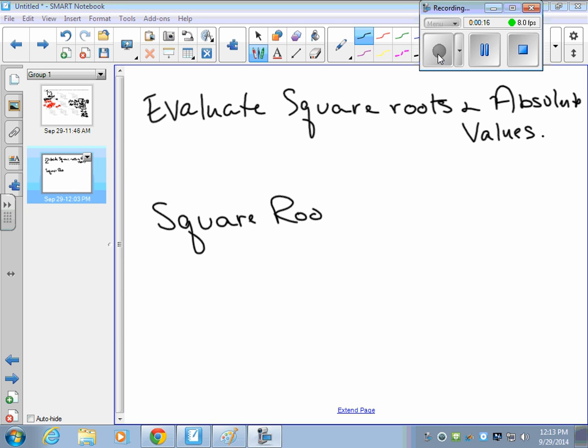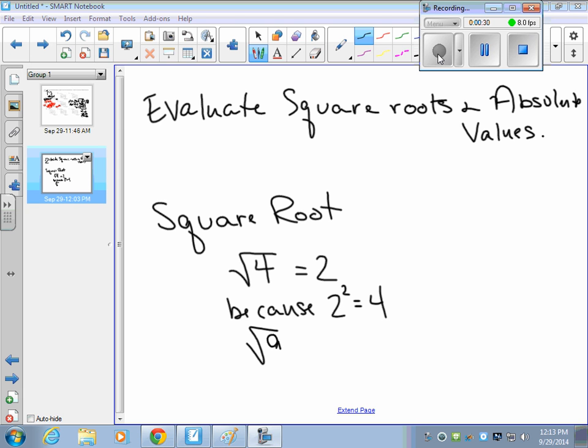When I'm looking at square roots, I'm sure that most of you at this point know the square root of 4 is equal to 2, and that's because 2 squared is 4. Or the square root of 9 is equal to 3, and that's because 3 squared is 9.